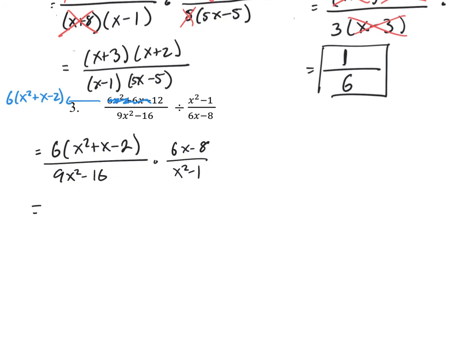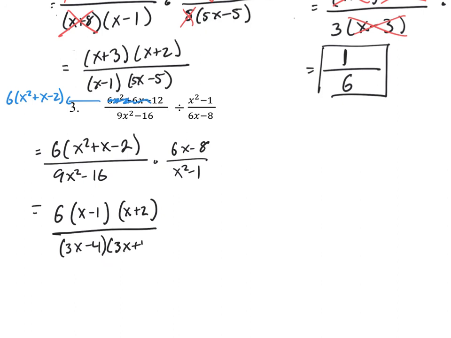So I'm going to finish factoring that top bit there. So we have our GCF of 6. We can factor that trinomial into x minus 1, x plus 2. Then our denominator, that's the difference of 2 perfect squares. So we're going to have 3x minus 4 and 3x plus 4.